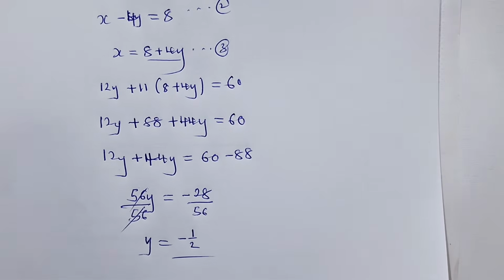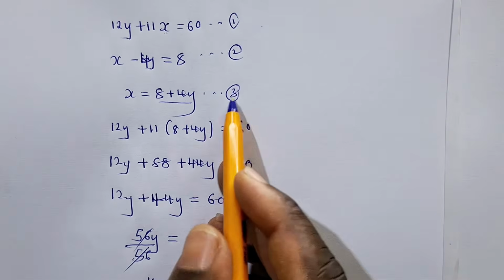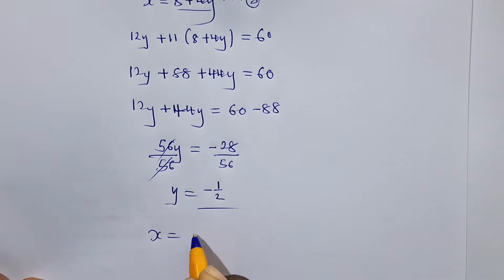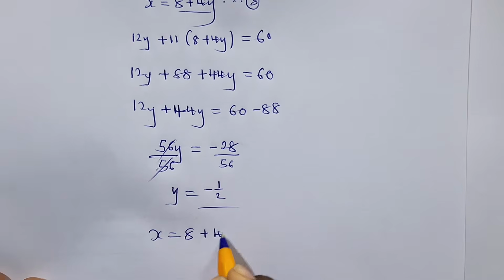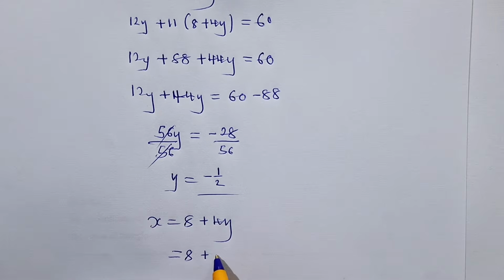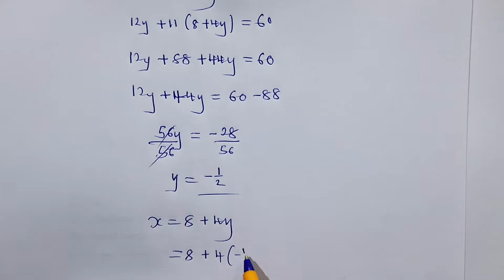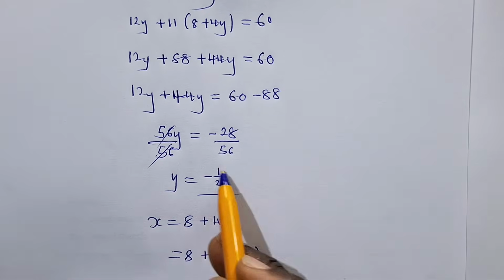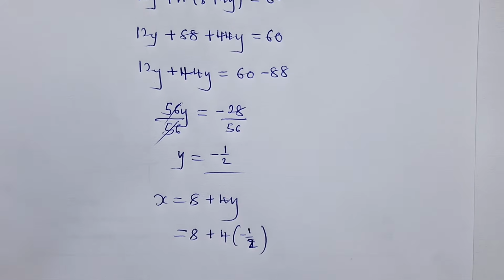Now we can use any of the equations. If you want, use equation 3, which is x is equal to 8 plus 4y. This equation will help us find the value of x, where we substitute the value of y, which is negative 1 over 2.